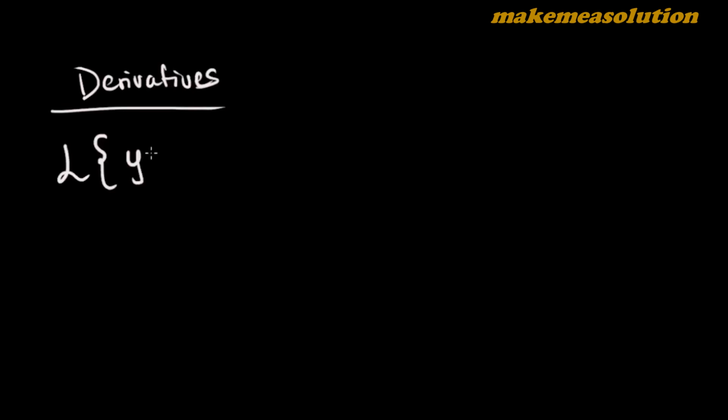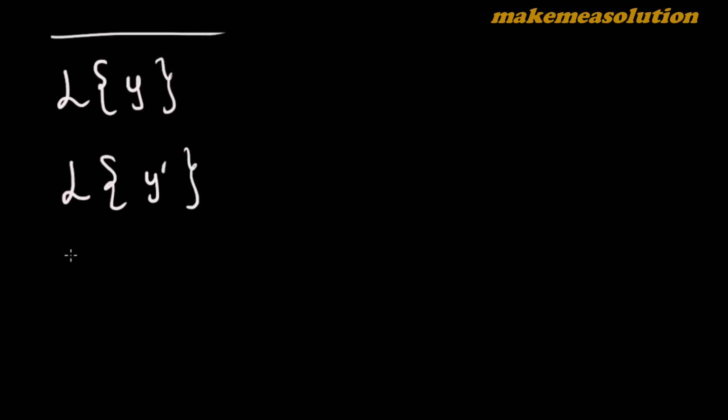So we now have derivatives. The Laplace transform for derivatives. In this particular case, we are going to be finding the Laplace transform for y, which is the zeroth derivative, the Laplace transform for y prime, which is the first derivative, and the Laplace transform for y double prime, which is the second derivative, and we are going to generalize.